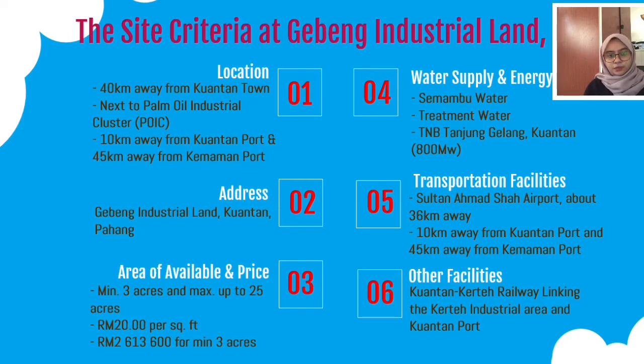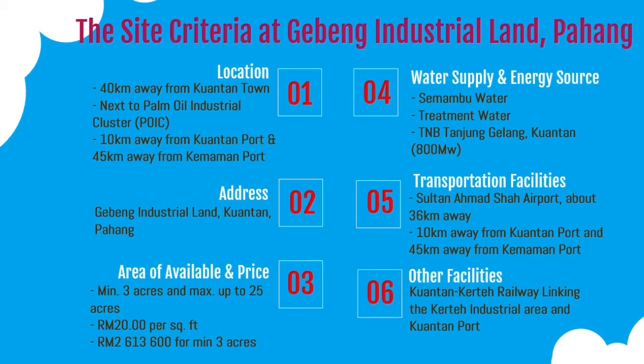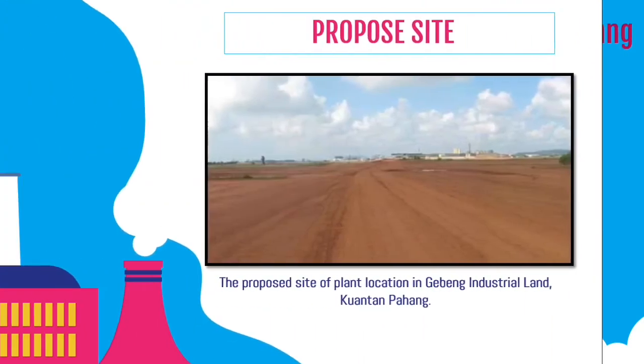For the transportation facilities, it is near to the Sultan Ahmad Shah Airport, which is about 36 km away, and also 10 km away from the Kuantan port and 45 km away from the Kemaman port. And lastly, for the other facilities, it is near to the Kuantan Kerteh railway linking to the Kerteh industrial area and the Kuantan port.